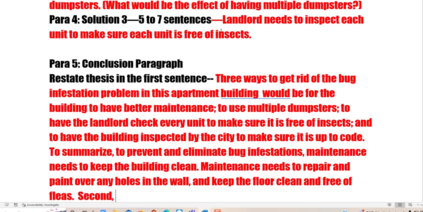Second, basically you're just repeating the highlights.